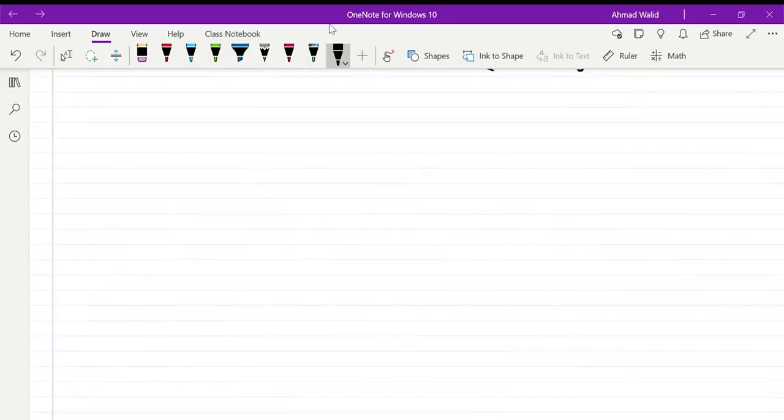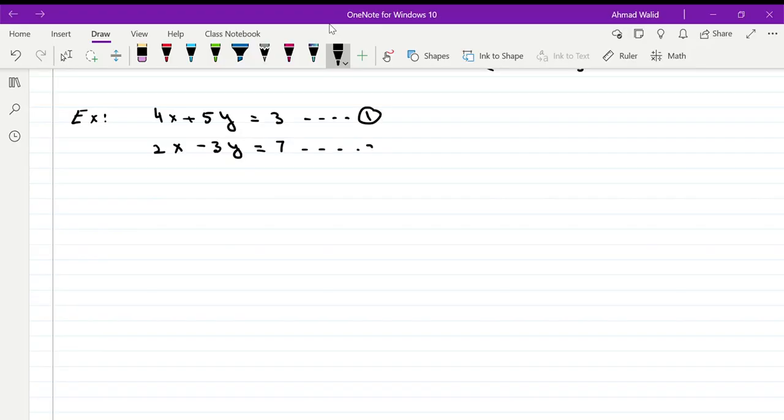Example 3. I think this is example 3, right? 4x plus 5y equals 3. 2x minus 3y equals 7. This is equation number 1. This is equation number 2.